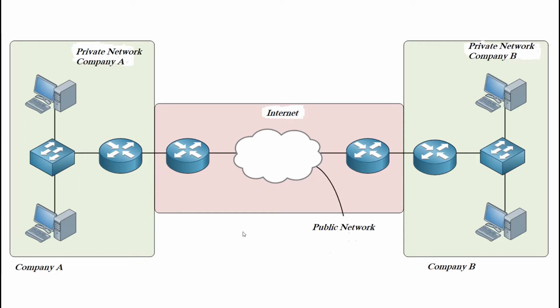If you have your own computer connected to the router and you are reaching the internet, the internet is always the public network, because it's not in your control. If you are trying to reach facebook.com, it's on the internet. It means facebook.com is within the public network, because you can't control it, but you can control your network devices.